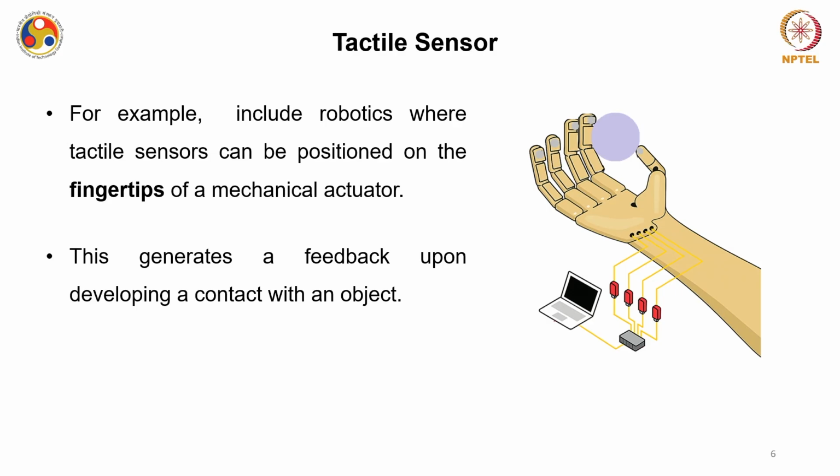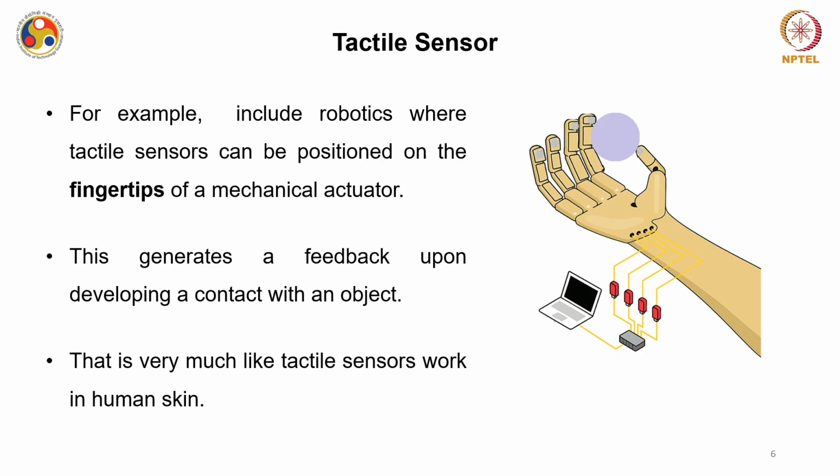When the object is touched by this robotic hand, it actually generates a feedback upon developing a contact with the object. When you have a feedback that the object has been touched, accordingly the microcontroller will take a decision on how much force has to be applied to grip the object.